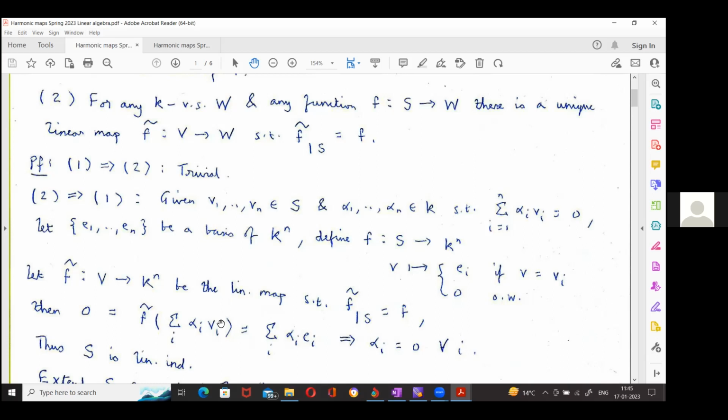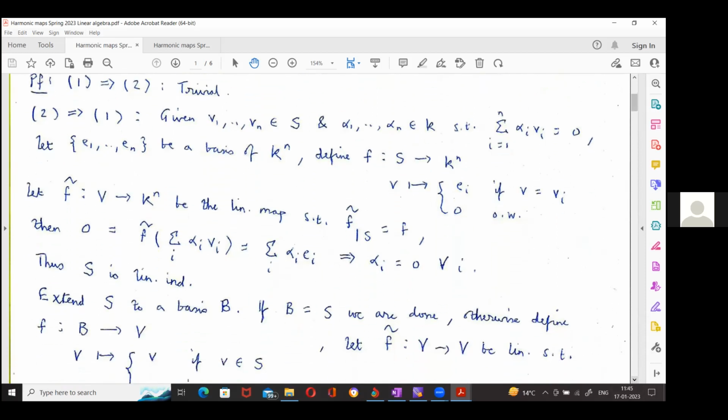If I take a linear combination with coefficients alpha 1 to alpha n such that the sum of alpha_i v_i is equal to 0, then 0 equals F tilde of the sum of alpha_i v_i. By linearity that becomes the sum of alpha_i e_i, and the e_i's are linearly independent, so alpha_i is 0 for all i. Therefore any finite subset of S is linearly independent, so S is linearly independent.